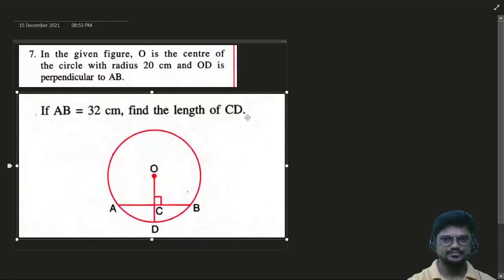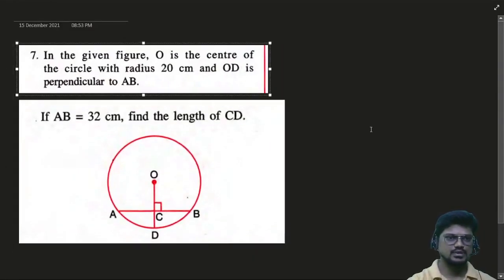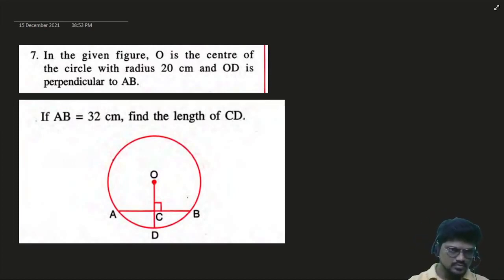Please start and find the length of CD. It's easy only, it's not difficult. For finding CD, we'll take either of the triangles.